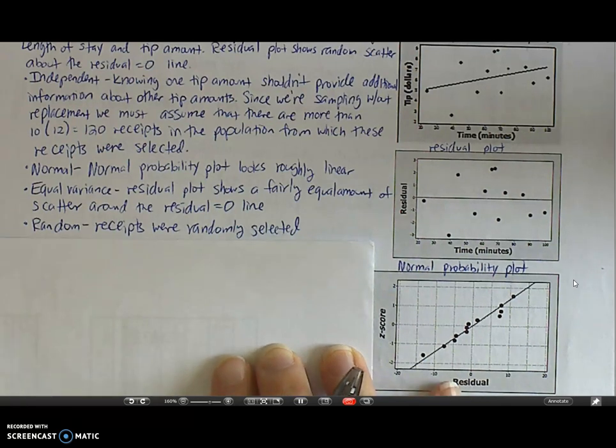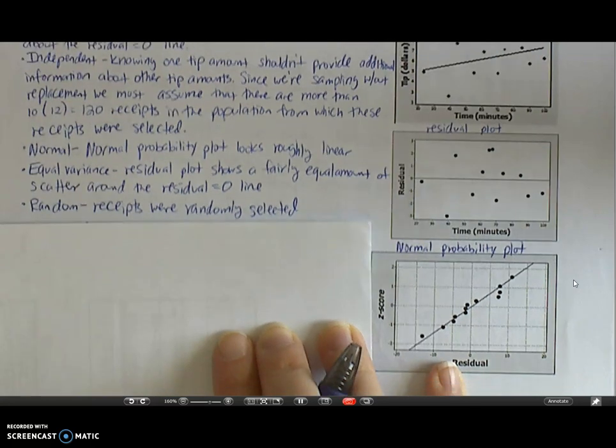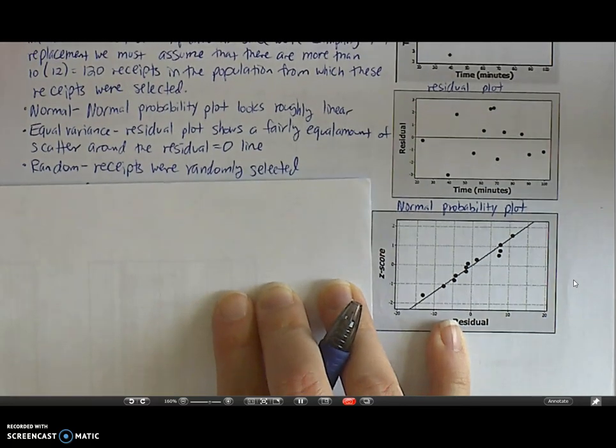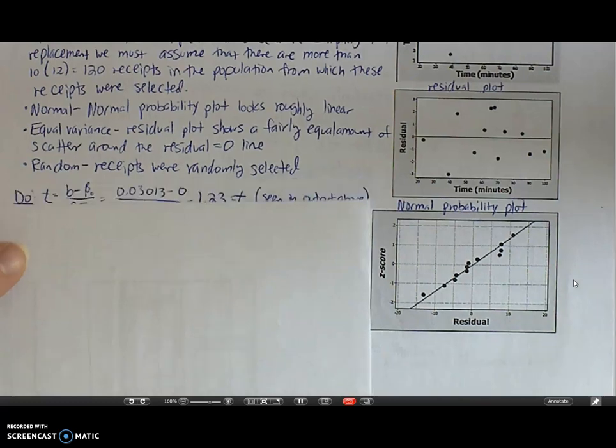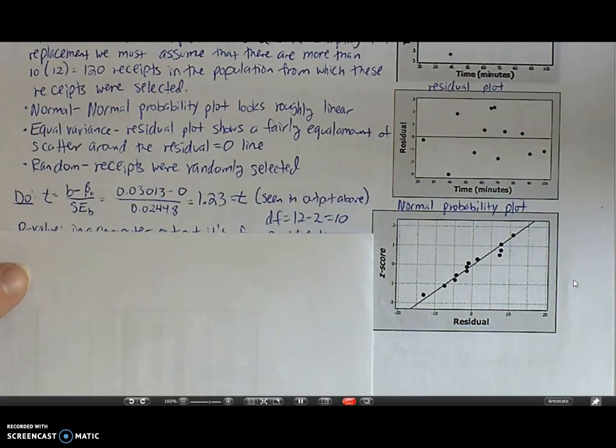So all 5 of our conditions have been met, which means we are good to go for doing our calculations. Now, the calculations shouldn't be too challenging here. We take our sample slope and we subtract what we think our true population slope is, which came from our null hypothesis, which was 0, right?